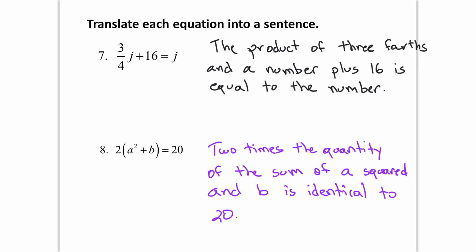If you're multiplying, you can use product. If you have a fraction, you can say quotient. The equal sign, the word is, the actual word equal. You can say it's identical to, but you have to make sure that it makes sense and you are able to translate the equation into a sentence.